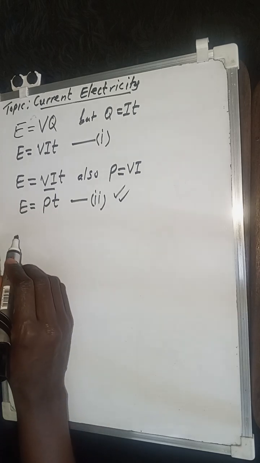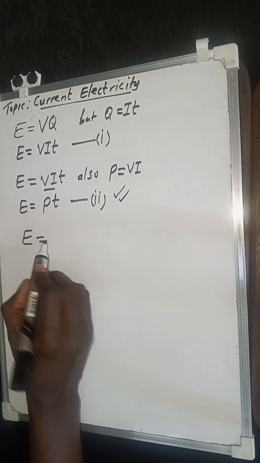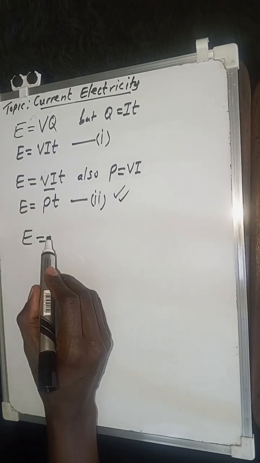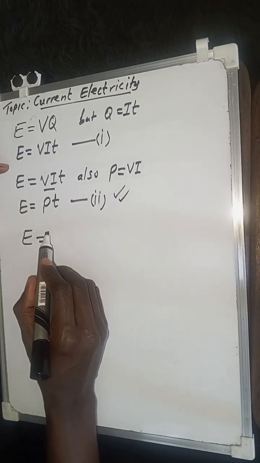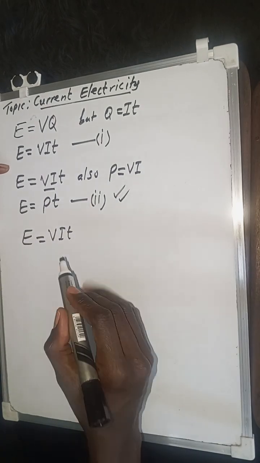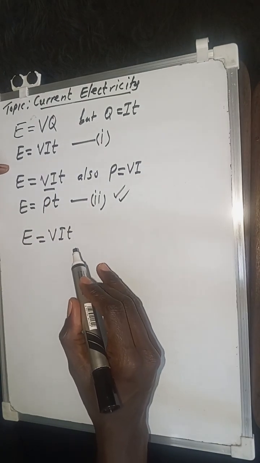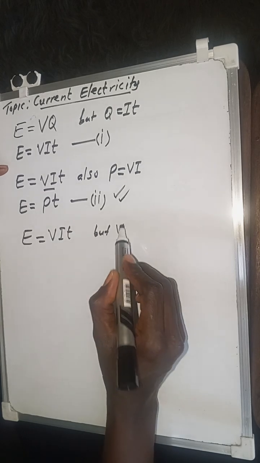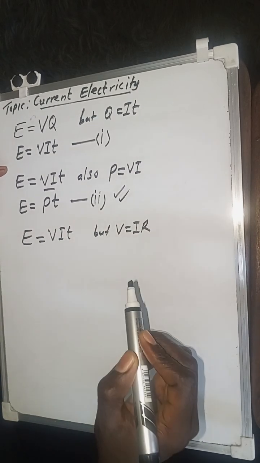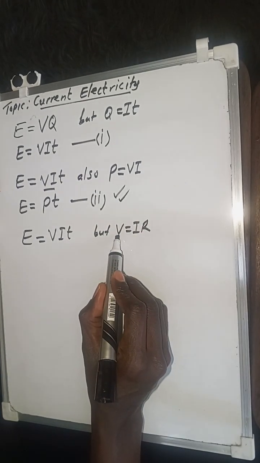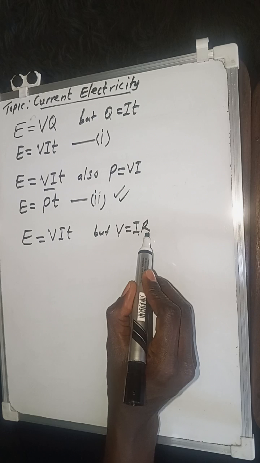Let's get the expression again, which says that electrical energy is VIT. Let's try to use Ohm's law. What do we know? According to Ohm's law, we know that voltage is current times resistance. Remember, I'm just playing with the formulas here. So where there's voltage, can I replace it with current and resistance?